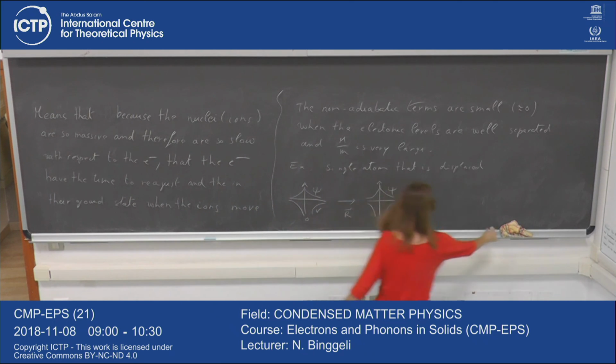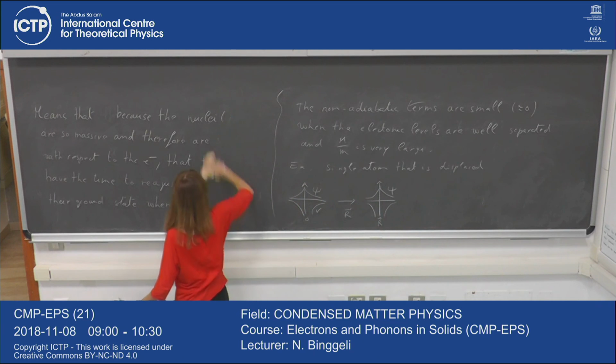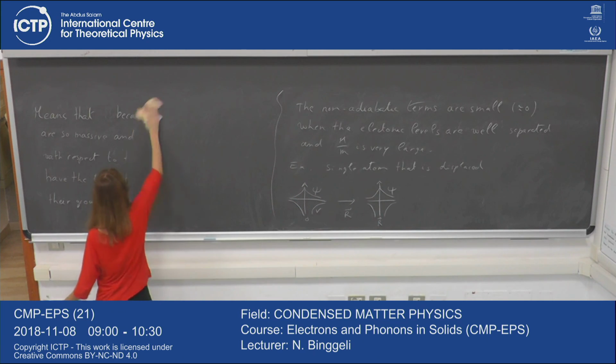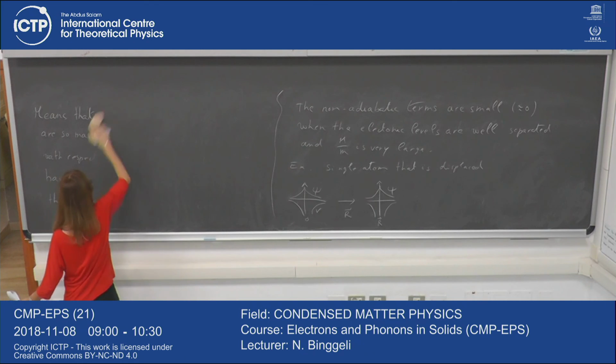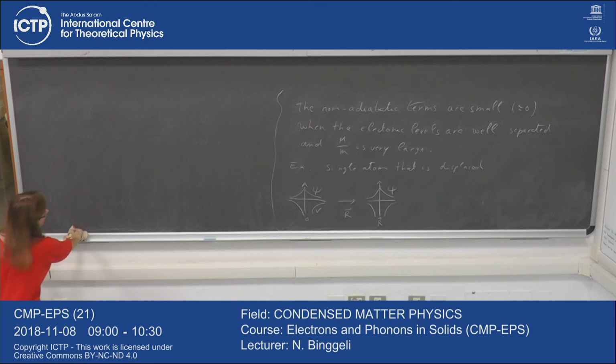So I have a situation where the electron immediately readjusts and is in its ground state around the potential of the nucleus.